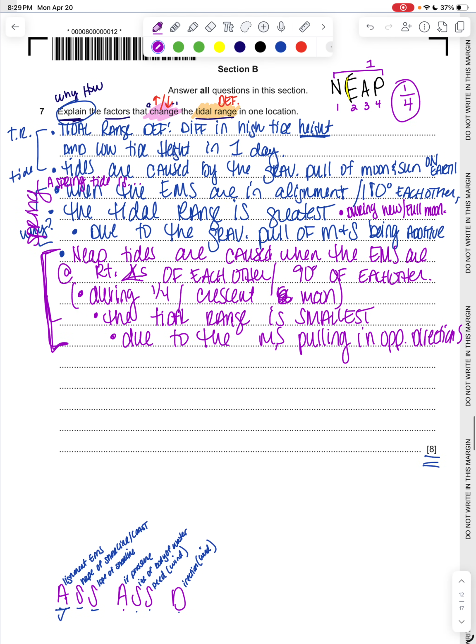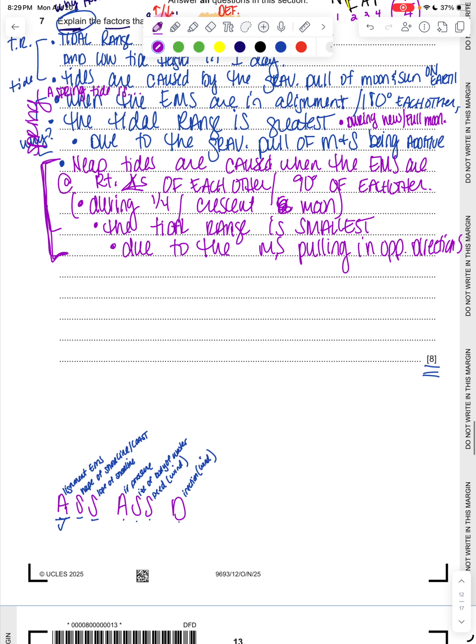Get rid of Earth. The Earth is not causing its own tides. All right, I'm surprised they let you talk about both of those. But again, you won't know, and there's nothing wrong with writing more than what you think is going to be there, not on these kind of questions.